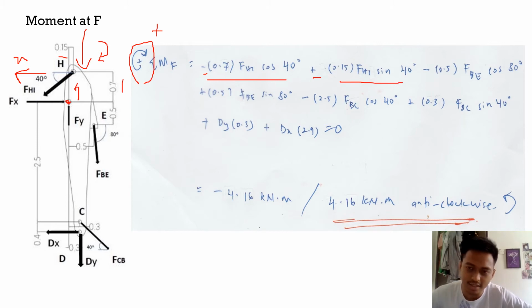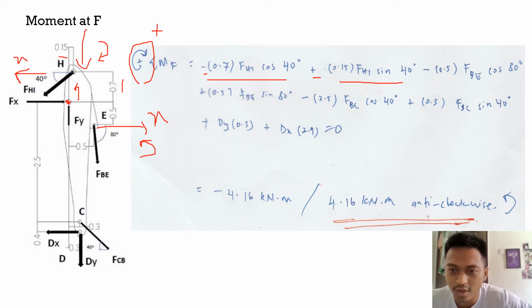Okay, for the FBE here, cos 80 is for the x component of FBE. So the x is going to the right, and the tendency of the rotation at point F is anti-clockwise. So I put here negative 0.5 FBE cos 80. Okay, let's go to the sin 80 of FBE, which means the y-axis that is going down.